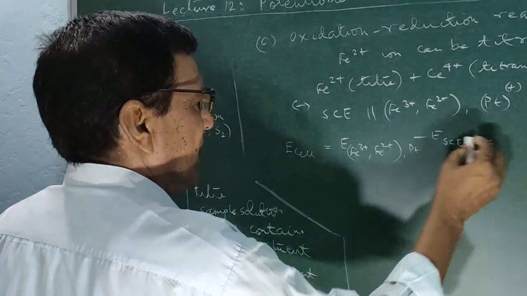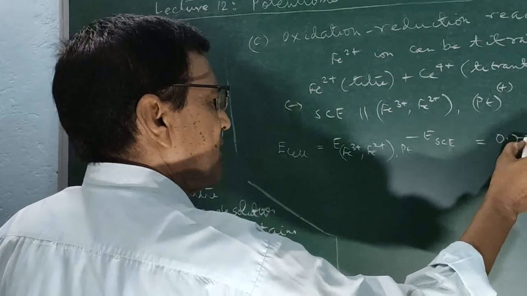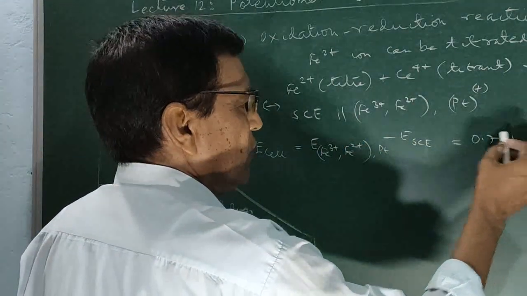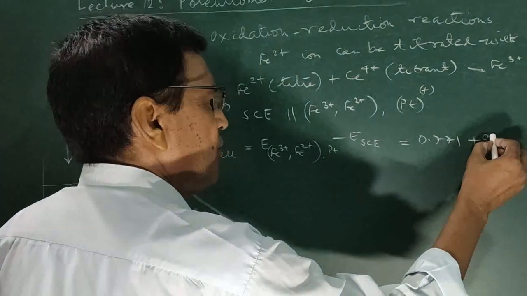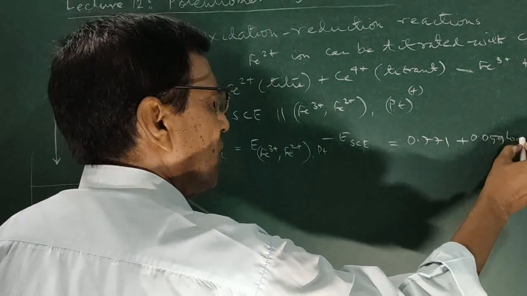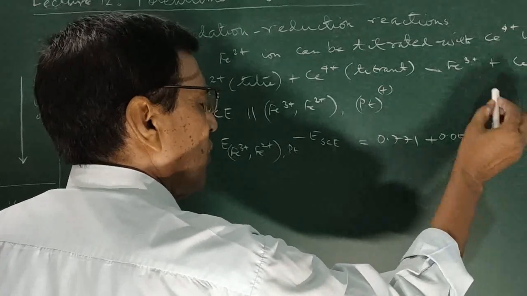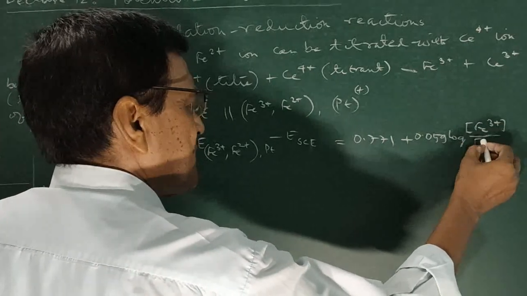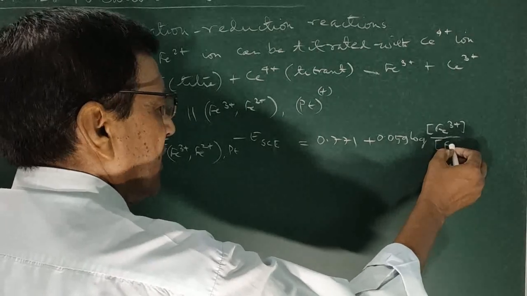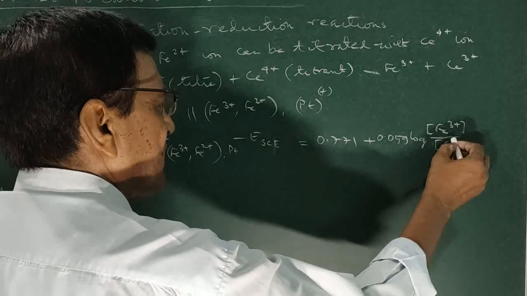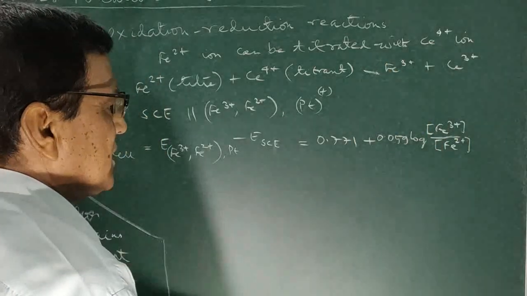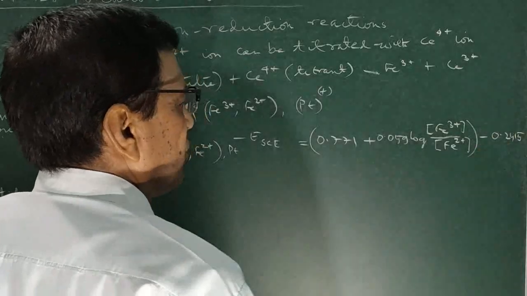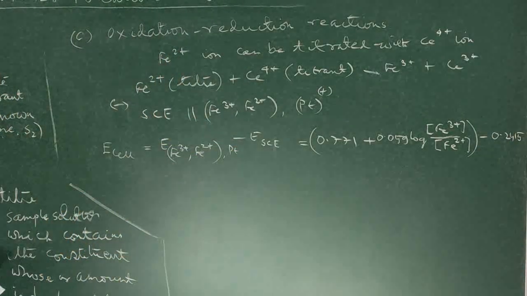And then this one is 0.771, the standard electrode potential of this ferric-ferrous system, reduction potential, plus 0.059 log, and instead of activity we can write the concentration of the oxidized species and the reduced species, and minus 0.2415 volt, which is the potential of this standard calomel electrode.